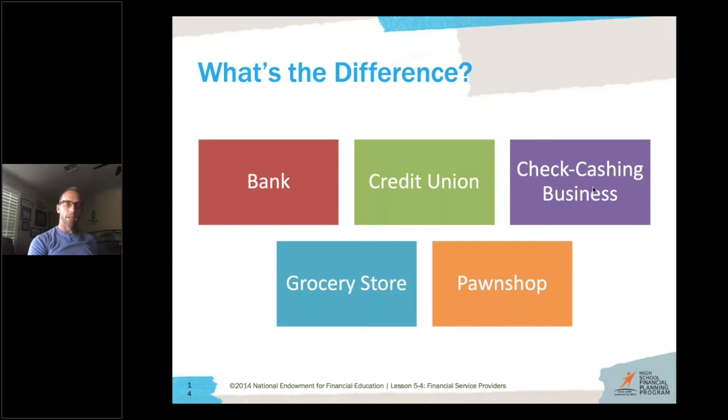So that's a bank. A credit union is similar to a bank. They provide a lot of the same services. They provide loans. They provide checking accounts. But credit unions are nonprofits, and so they're not set up to make a lot of profits and money, and because of that, a lot of times their lending rates can be a little bit lower, and their fees on checking accounts and stuff like that are often a lot more reasonable.